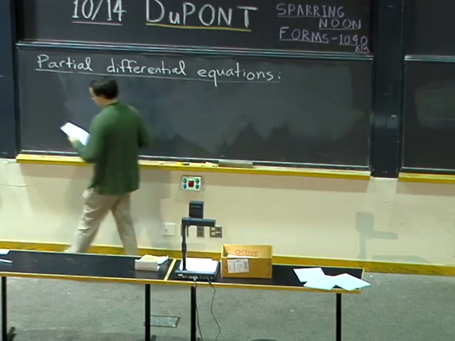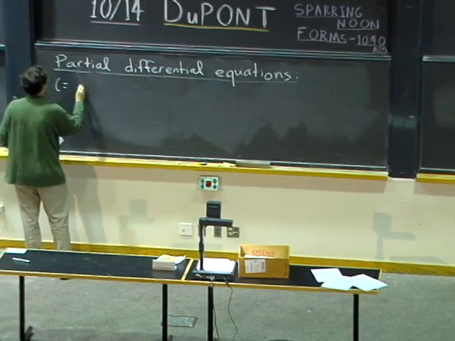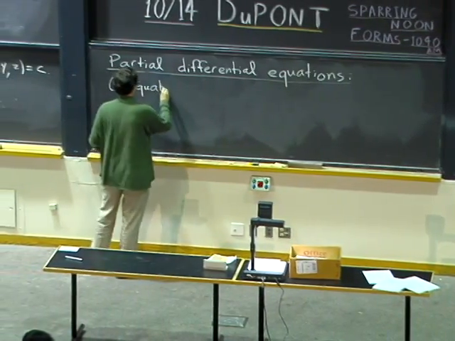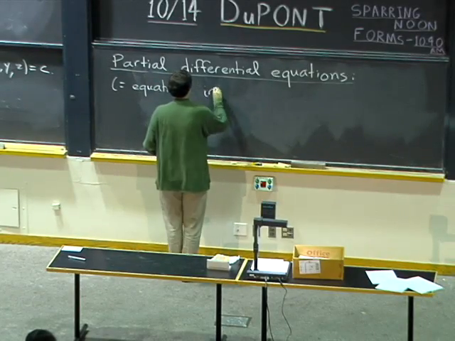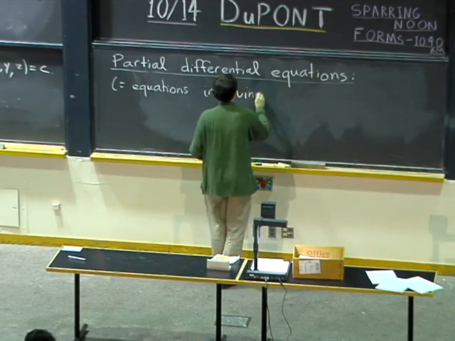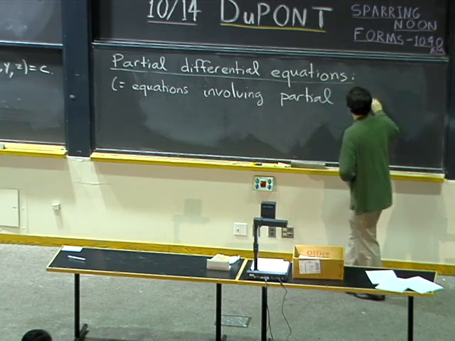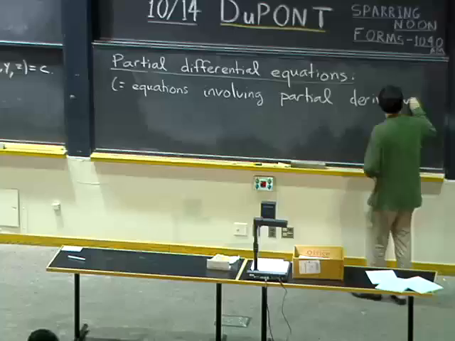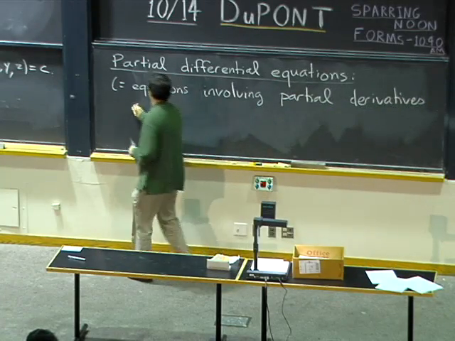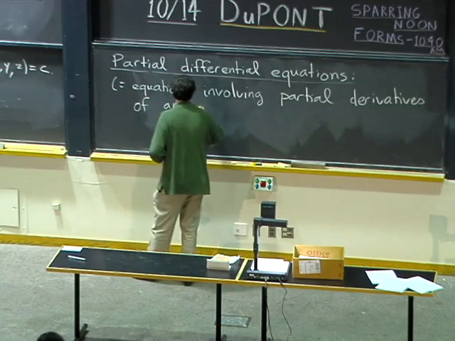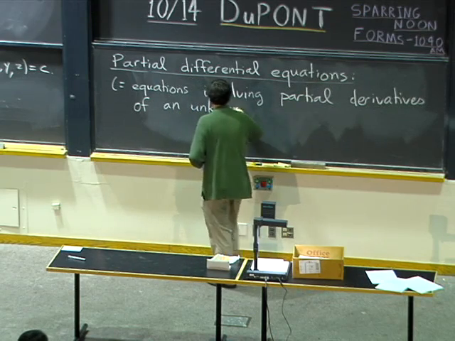So these are equations involving the partial derivatives of an unknown function.